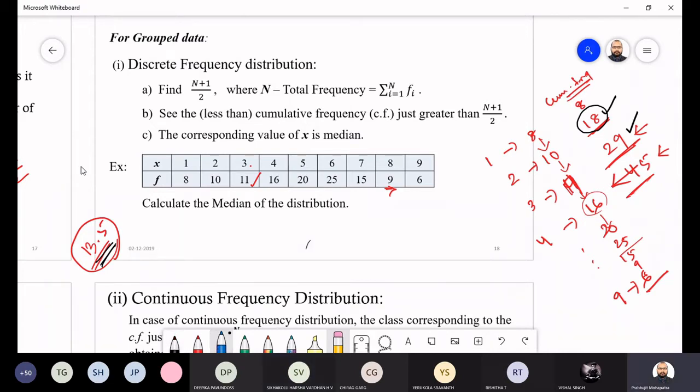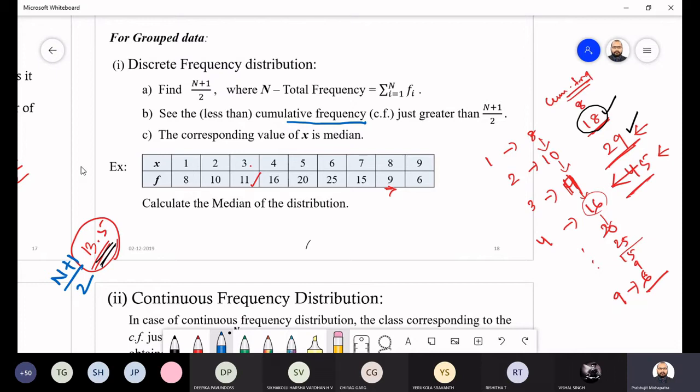So what we have to do is first calculate the cumulative frequency. Then you find the total, that n by 2 or n plus 1 by 2. Here in grouped data, we take n plus 1 by 2, which is nothing but the middle position.